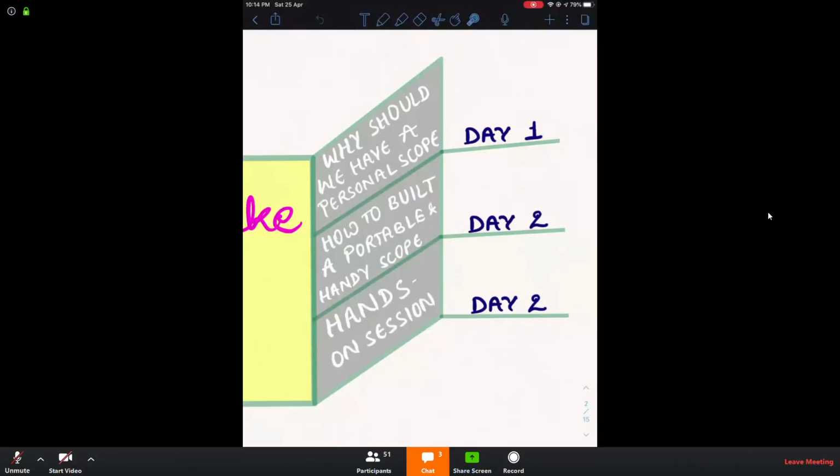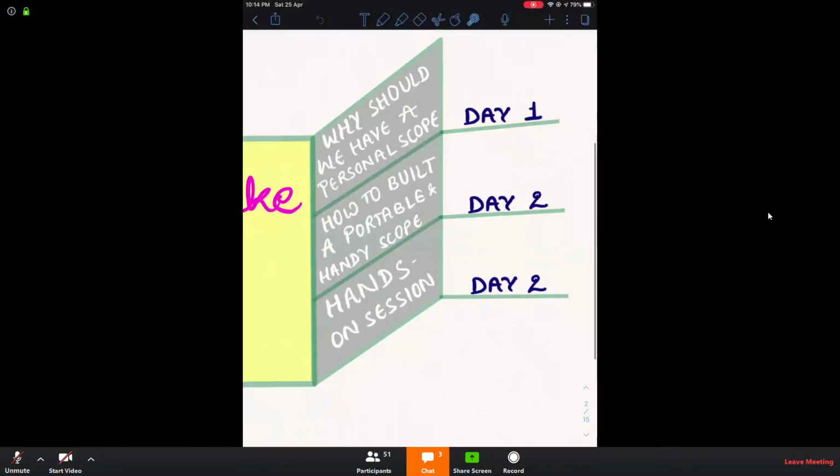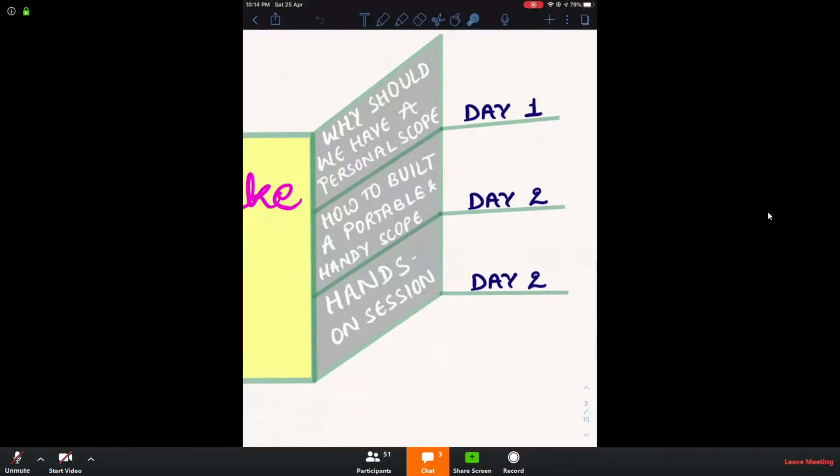This will be covered in day one, today, and after discussing this why, we will focus on how we can build a portable and handy scope. First we will discuss why you should build an oscilloscope, and once we have understood that, we will look at the opportunities of how we can build it.